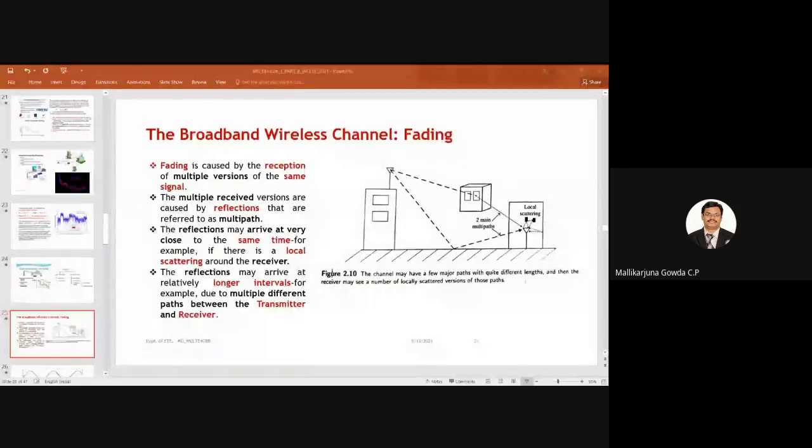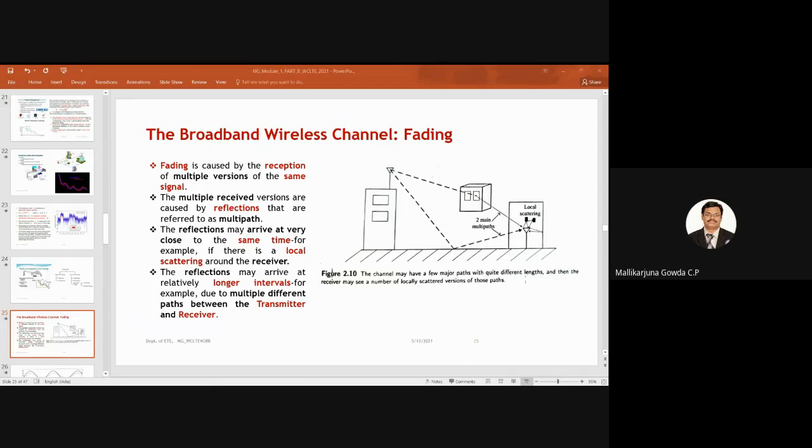Here I have shown. Hope you are able to see this diagram. Local scattering. So here this is a multipath. This is one path, this is another path. Due to multiple paths between the transmitter and receiver, the signals received at the receiver may be at longer intervals, meaning from one signal to another signal there will be more gap.